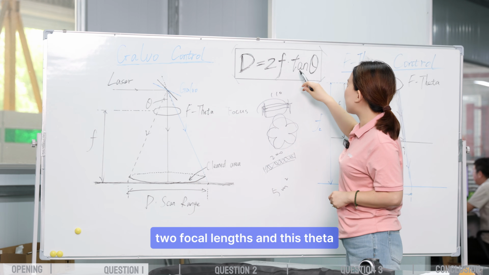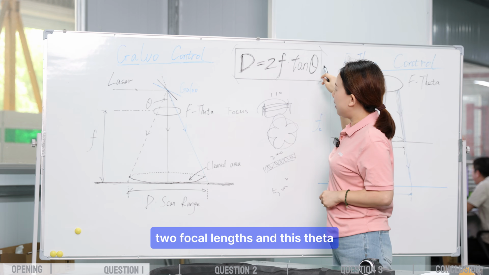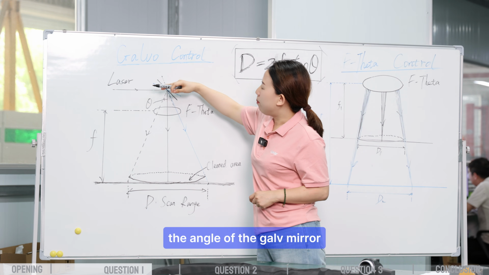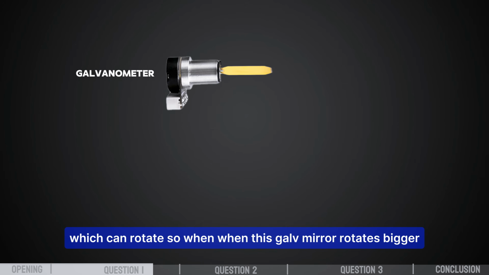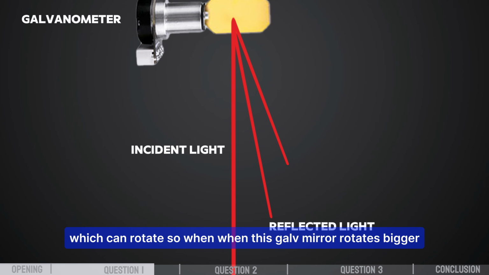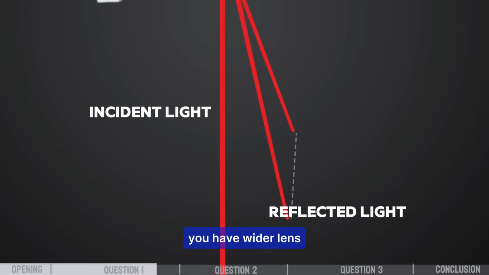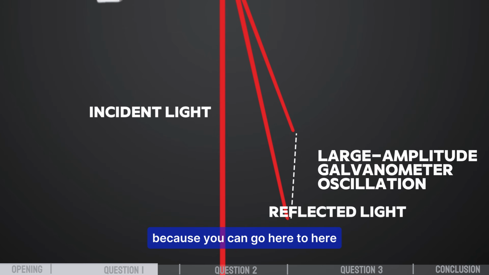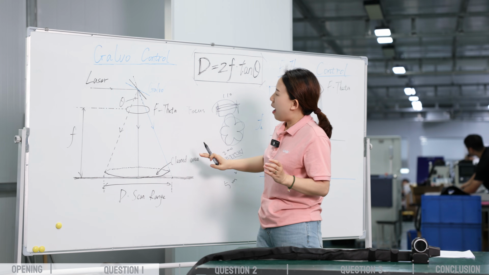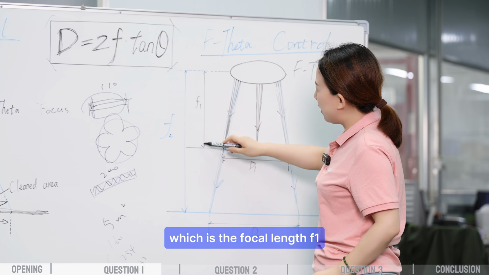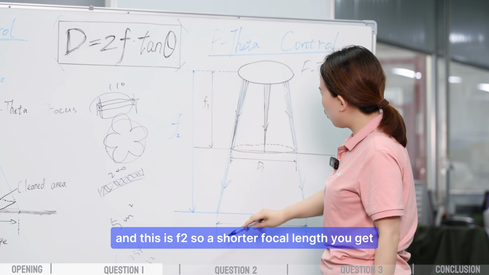And theta is the angle of the galvo mirror, which can rotate. So when this galvo mirror rotates bigger, you have a wider length, because you can go from here to here. And you can also use a longer focal length, which is the focal length F1, and this is F2.